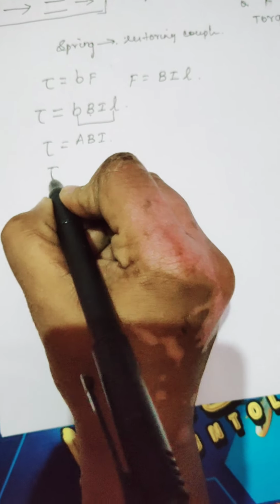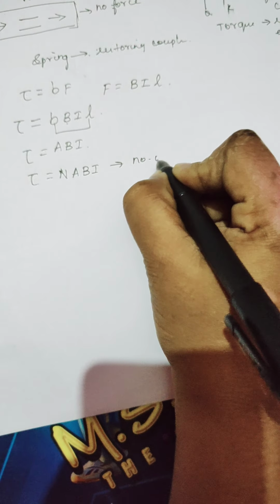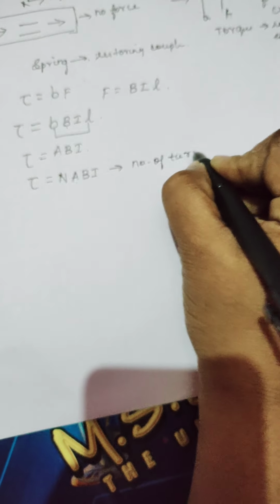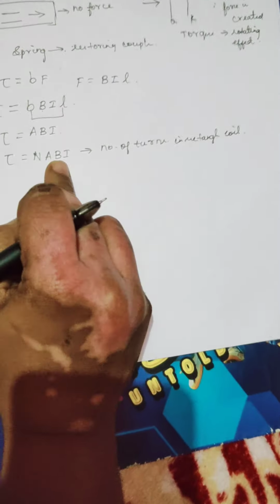When I have a number of turns in the rectangle coil, I can change this equation into NABI, in terms of the number of turns in the rectangle coil. So I can write this equation like this.